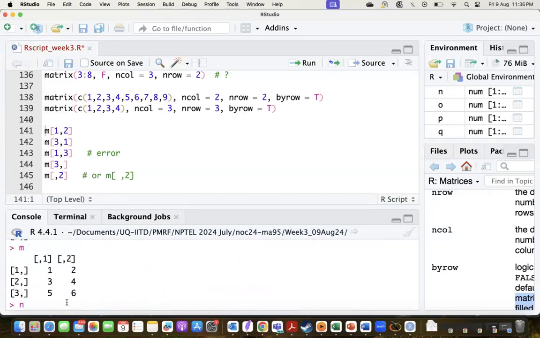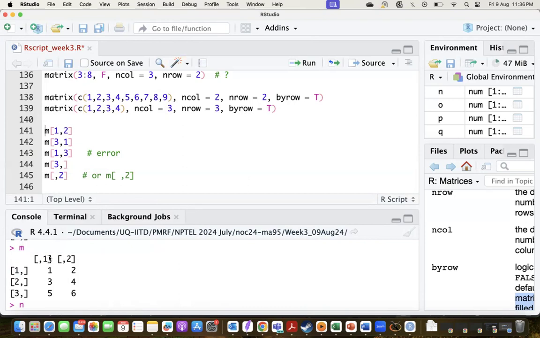Coming back to this, this was the matrix M. Anything I write before the comma refers to rows, and anything I write after the comma refers to columns. So when I write comma 1, it means first column. Since I've not written anything before the comma, it means everything, not nothing, everything.